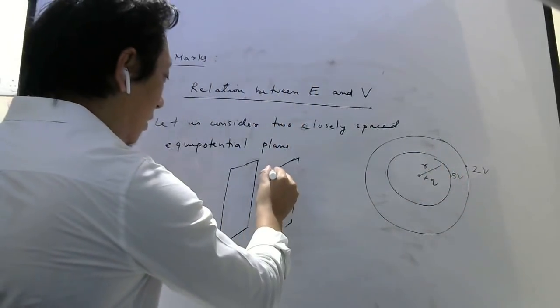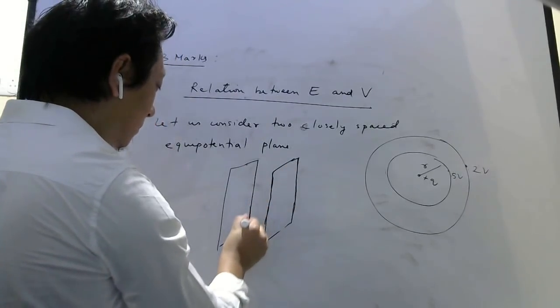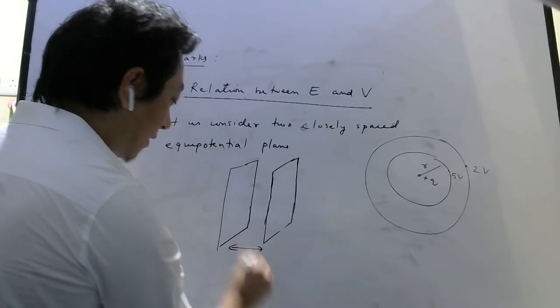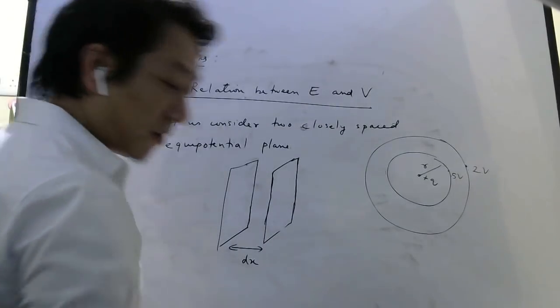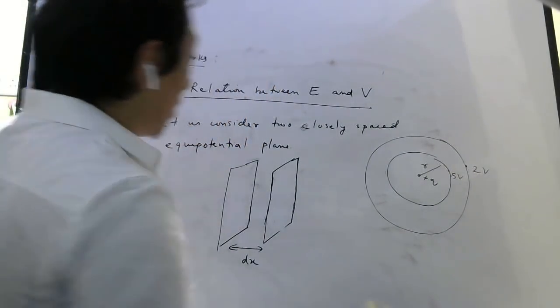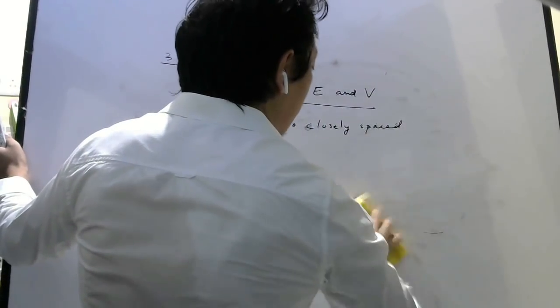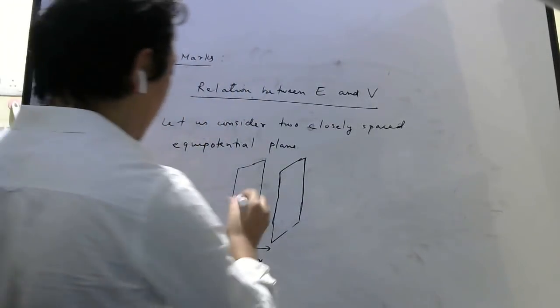Similarly, you consider two equipotential planes which are closely spaced. So this is dx, let's say. The distance between them is quite small, dx. Okay. Now, how do you draw electric field lines? I told you perpendicular to the equipotential surface. So the electric field will be like this.